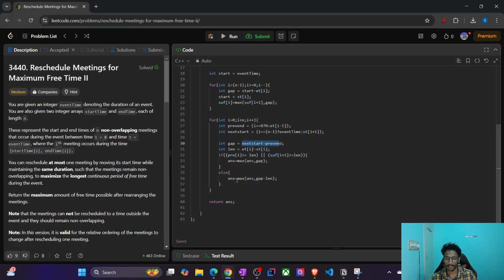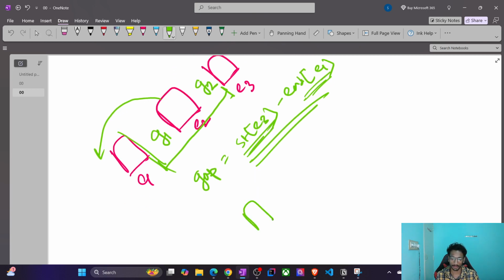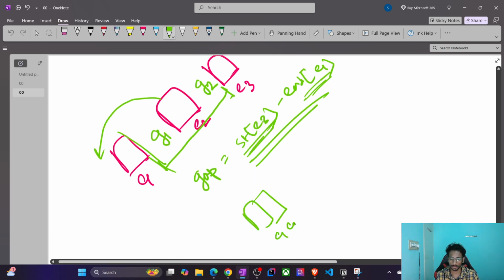Now else means there is no gap on the right side or the left side of this previous event. Then what will our gain be? I will just shift this to E1 or E2. I attach both, so E1, E2 and E3 will be here. So what will our gap be?